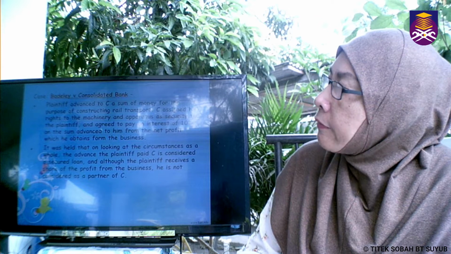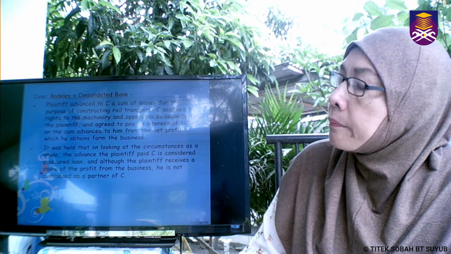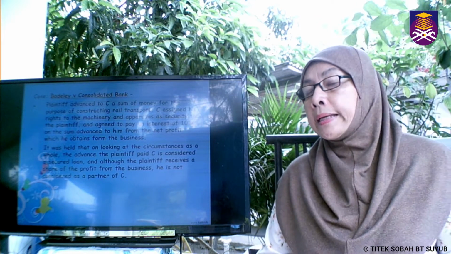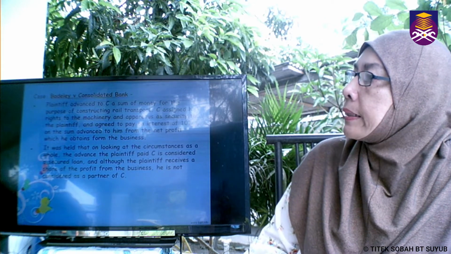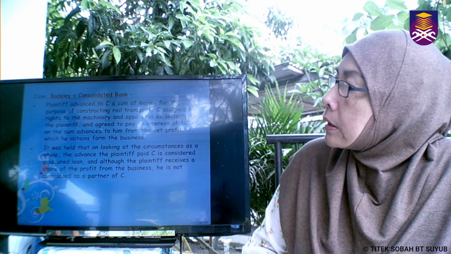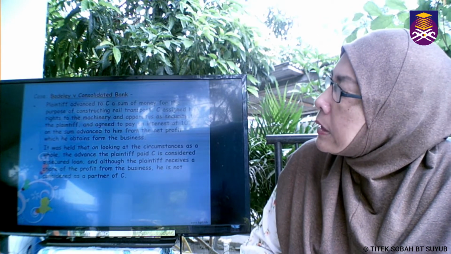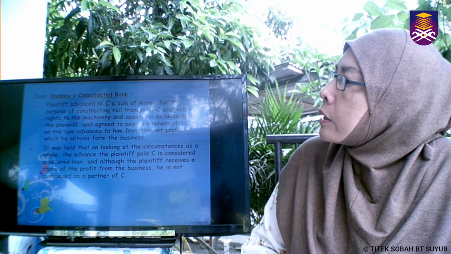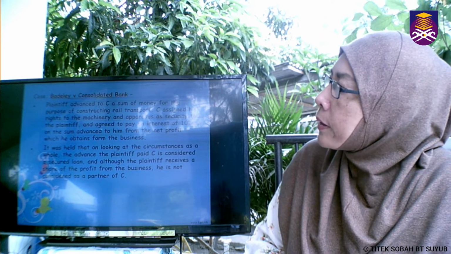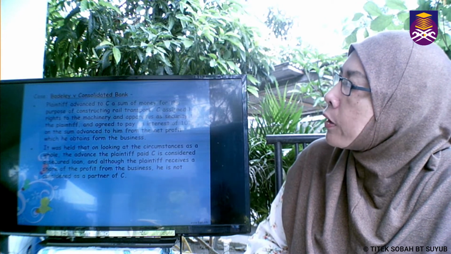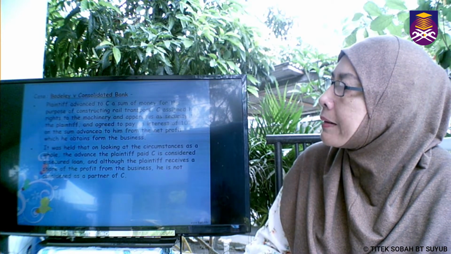Okay, then let's have a look at this case, Badali versus Consolidated Bank, so that the situation will be more clear to you. What happened in this case is this: the plaintiff, Mr. Badali, so this is an appeal case actually. The plaintiff advanced a sum of money for the purpose of constructing a rail transport.